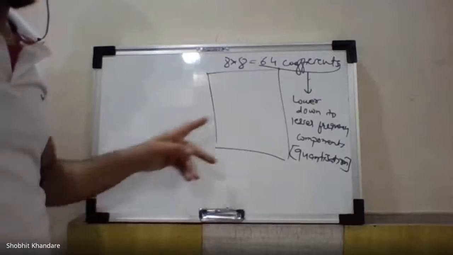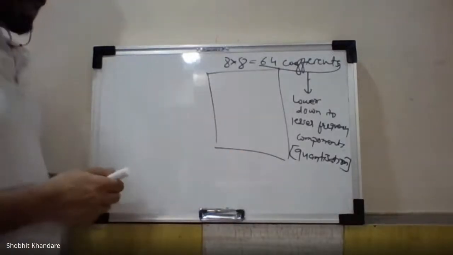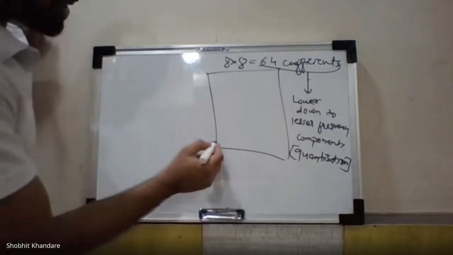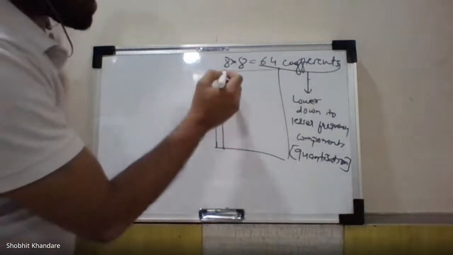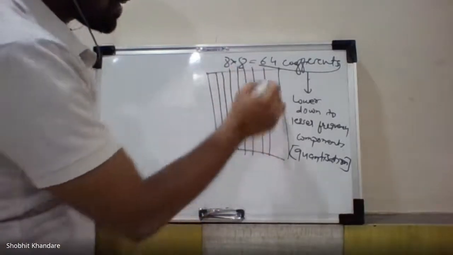Now after quantization, what do you have? You have zigzag. In the zigzag, this is the image you have, 8 by 8, with columns 1 2 3 4 5 6 7 and 8.